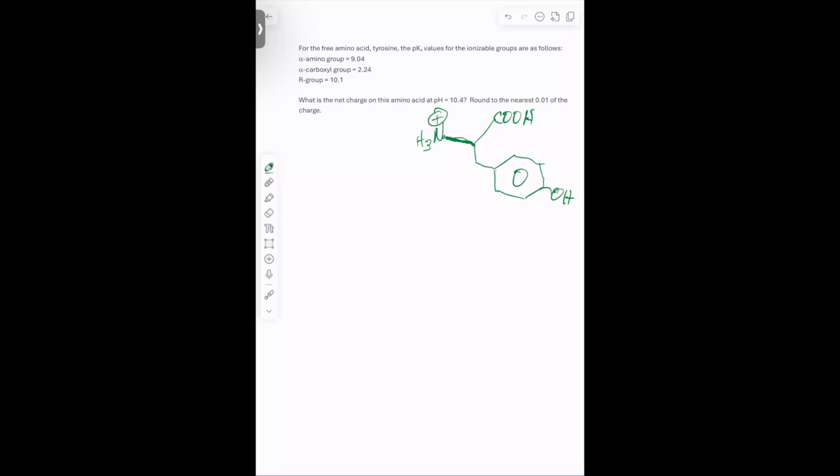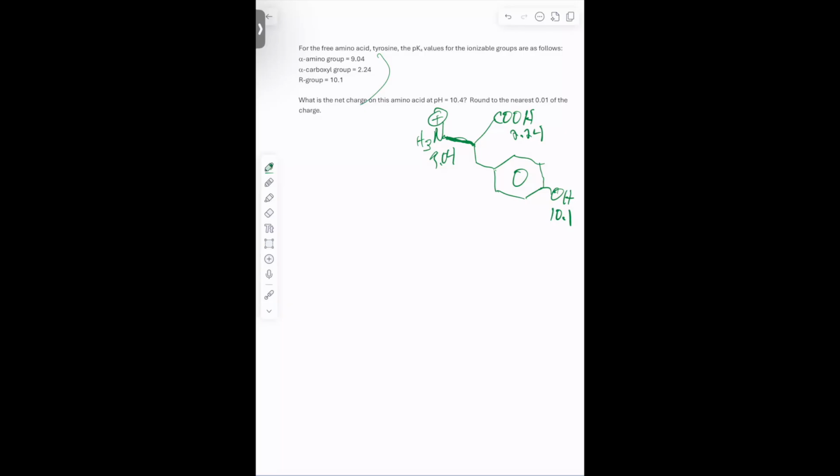Okay, I drew it in its fully protonated form, and the pKa groups, I'll just write them right underneath to keep them straight here, using the groups that I said to use up there.